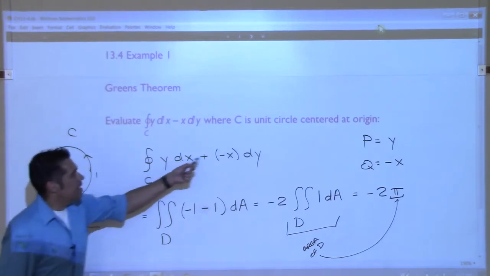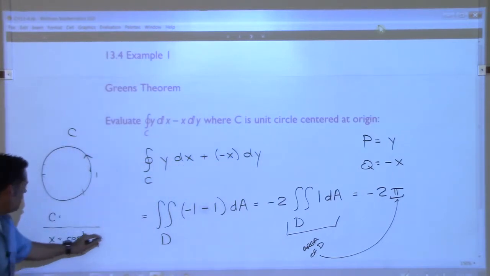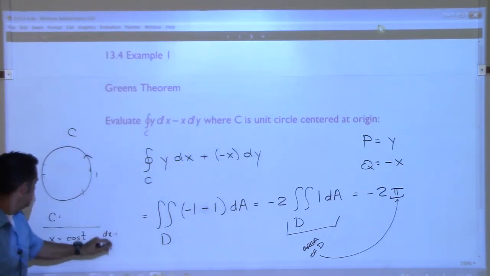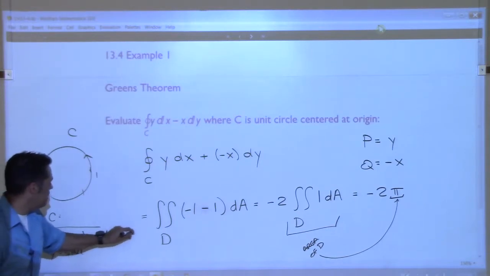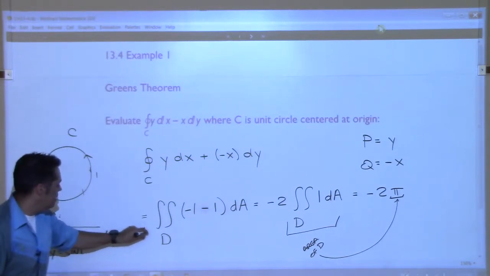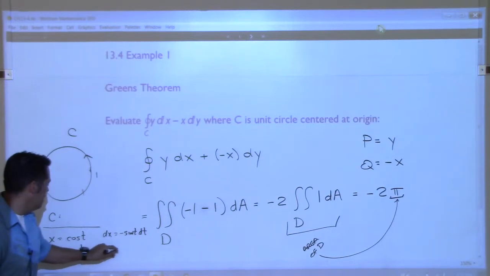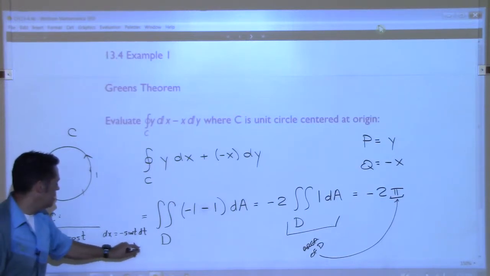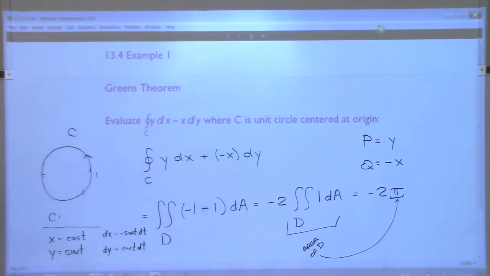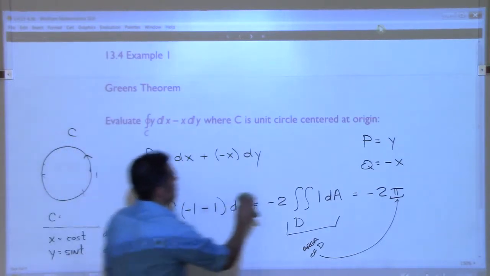And then we would need dx and dy, right? So dx is negative sine t dt, and dy would be cosine t dt. It's actually not too bad, but let's just do it.